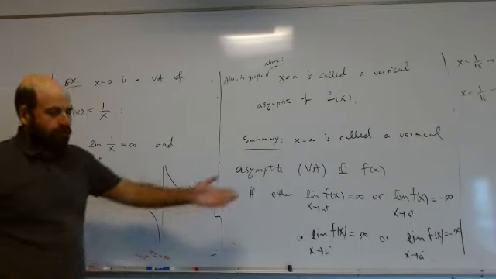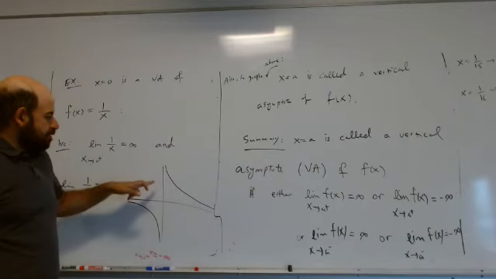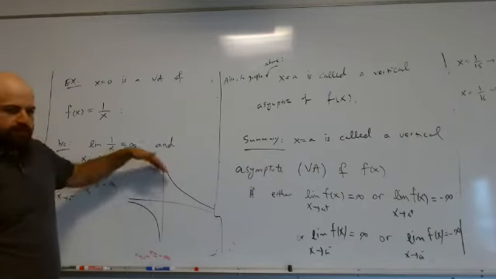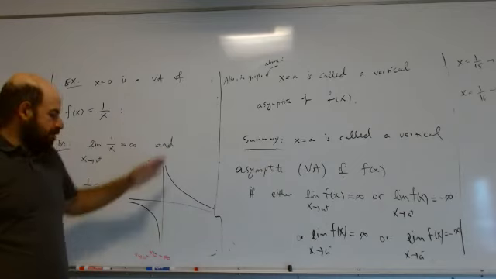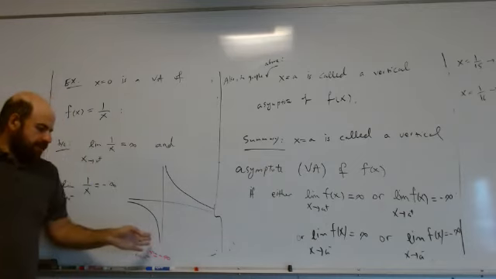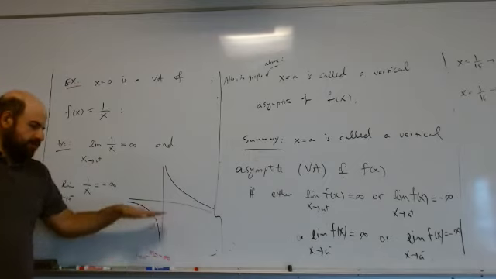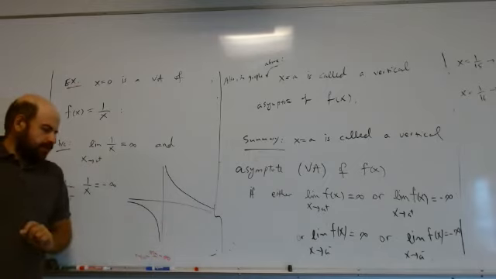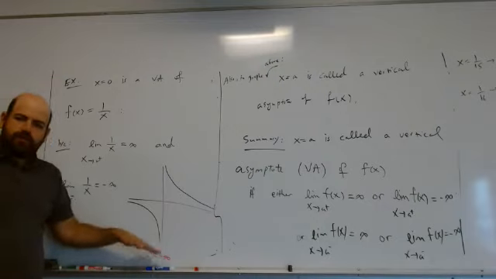So two of those four conditions hold here. The right limit is infinity, meaning when x is to the right of 0, y values get higher and higher. And the left limit at 0 is minus infinity, meaning if x is to the left of 0, the y values become larger and larger with negative signs, so lower and lower.